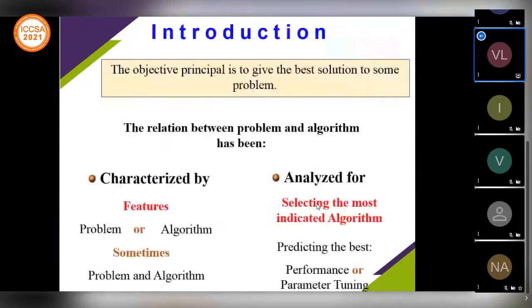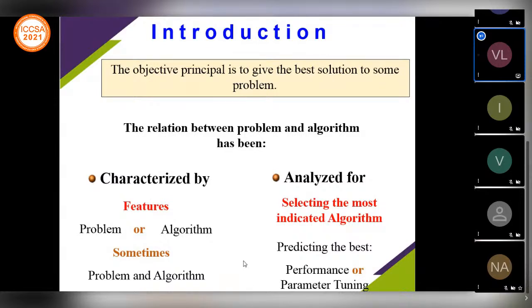Okay, let me start. The objective in principle is to give the best solution to some problem. And sometimes it's necessary to apply algorithms to find the best solution. The relation between problem and algorithm has been characterized by features from the problem or algorithm.